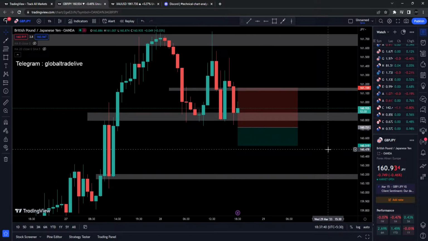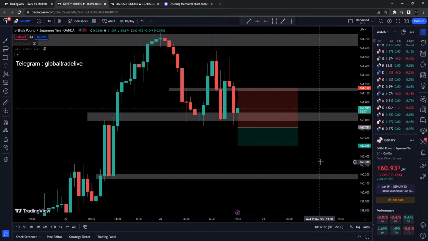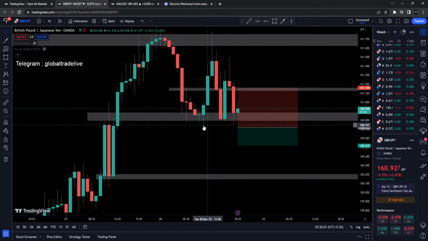because let's just look at the market and see how the probability is increasing. The number 1 point was that this candle has created the high, right? The second point is that this candle is breaking its own low. The third point will be this candle breaking below these lows over here.